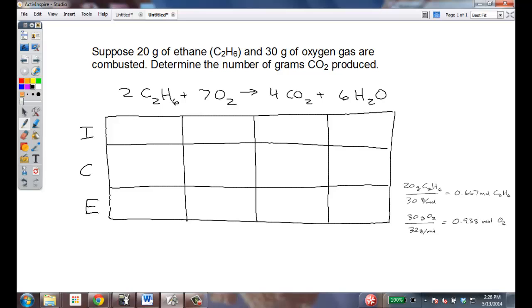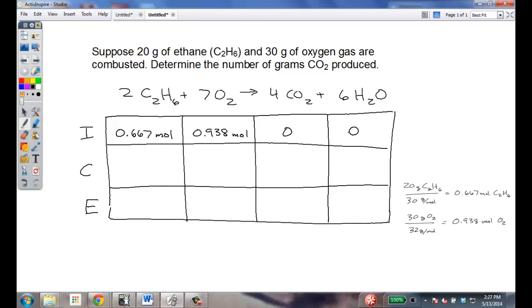Now, we already calculated the C2H6 to have 0.667 moles, and the O2 to have 0.938 moles. Now, initially, before the reaction happens, there is actually no CO2 or H2O because the reaction hasn't started yet. Now, the difficult part is the C. In other words, how do our initial amounts change when the reaction takes place?